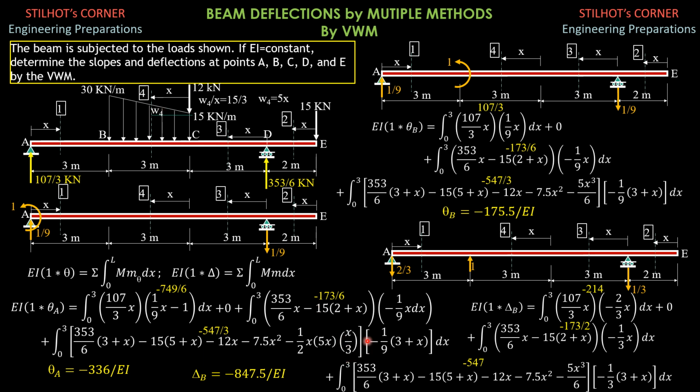Then that's due to the actual loads. And for the unit loads, the moment at this section 4 here is negative 1 over 9 times quantity 3 plus x dx.